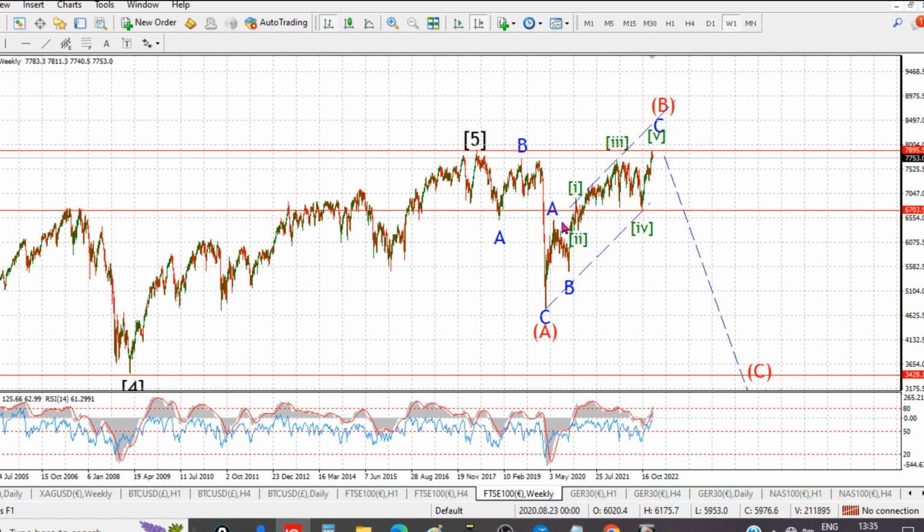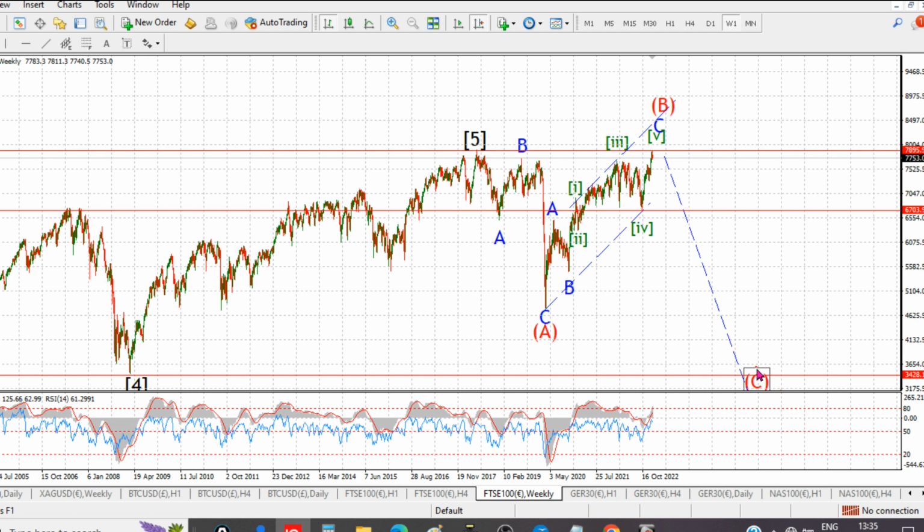I actually deleted my weekly chart, I think. Anyway, 3 waves down in A, 3 up in B, 5 down in C. So it's going to be devastating. Let's call it that. That's actually wave C. God forgive me, I'm going to have to revisit that for the nightly update. Anyway, so it's going to be 5 waves down for wave C.